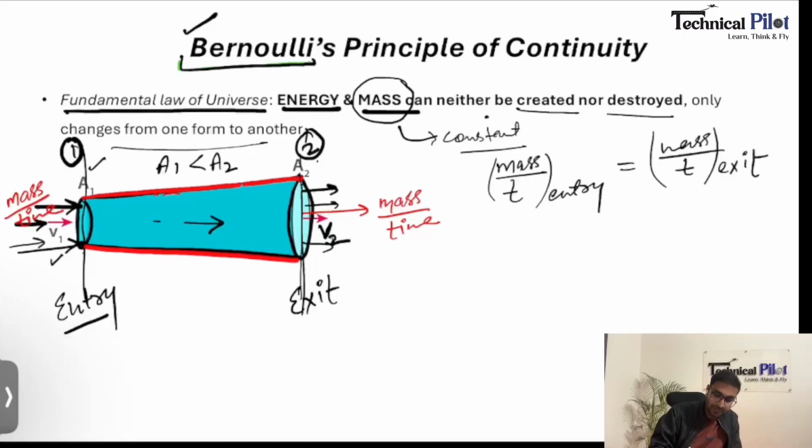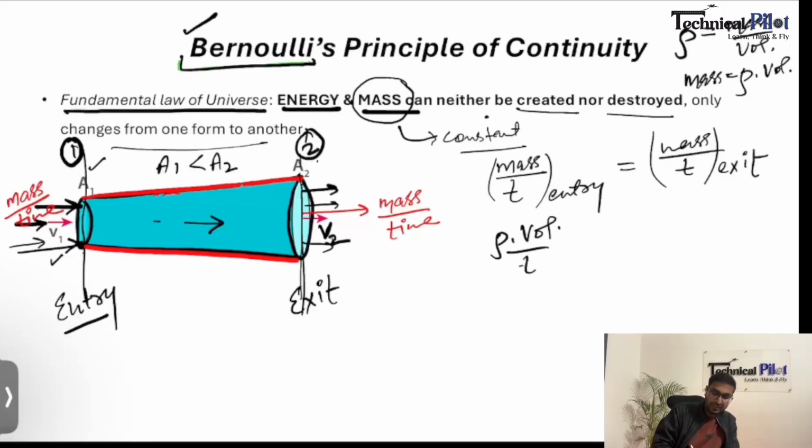Okay, you know, density is defined as mass upon volume. Yes or no? So I write mass as density into volume. So I replace mass by density into volume. Per unit of time at section 1 is equal to density into volume per unit of time at section 2.